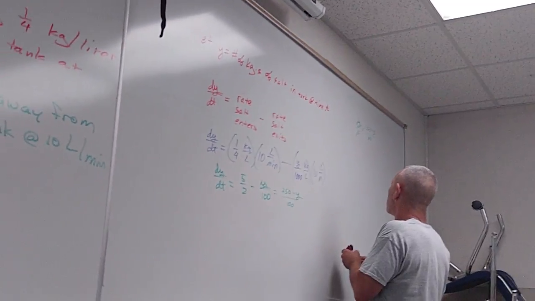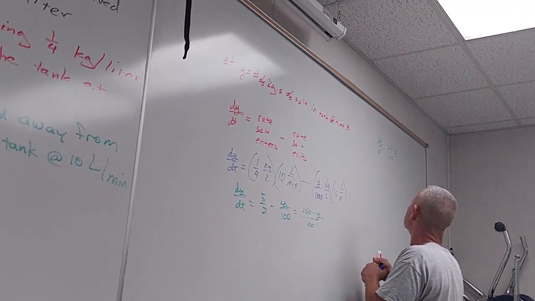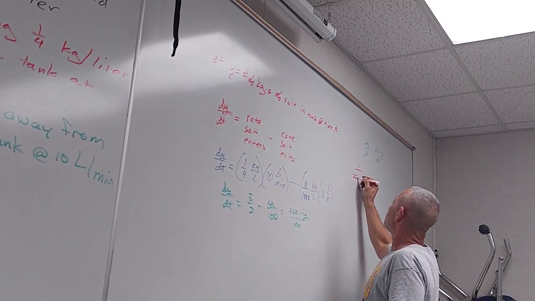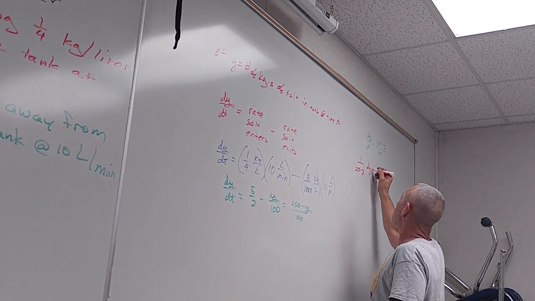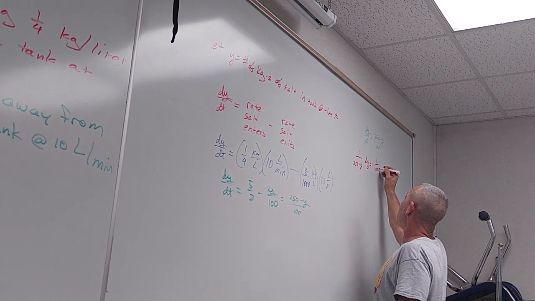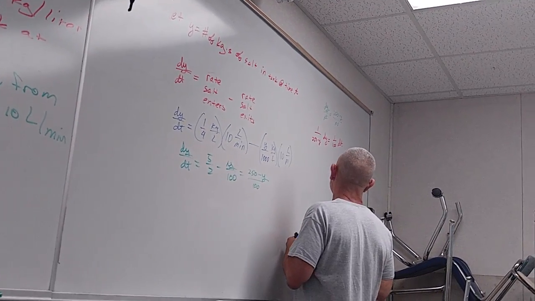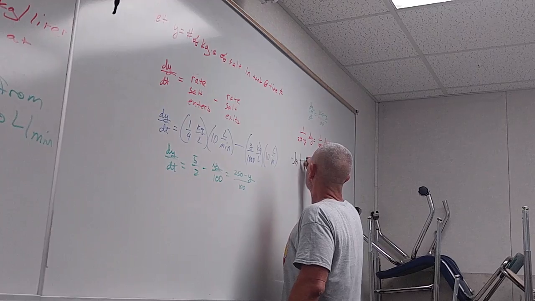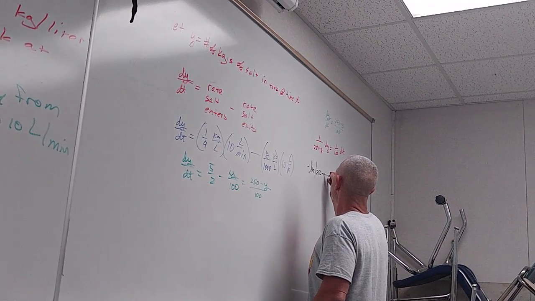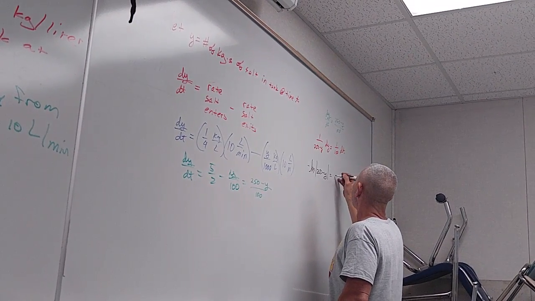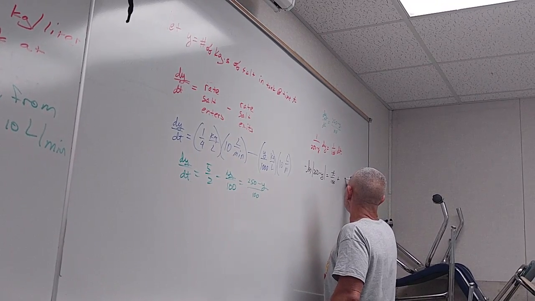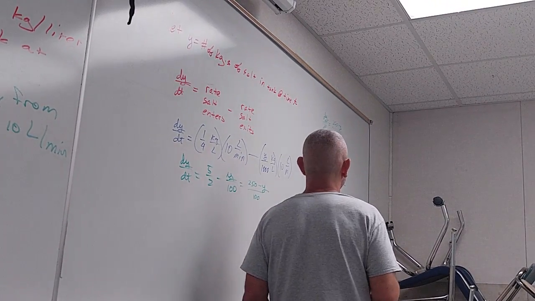If we now separate the variables, we get 1 over (250 minus y) dy equals 1 over 100 dt. If we integrate both sides, we get minus the ln of the absolute value of 250 minus y equals t over 100 plus an arbitrary constant.